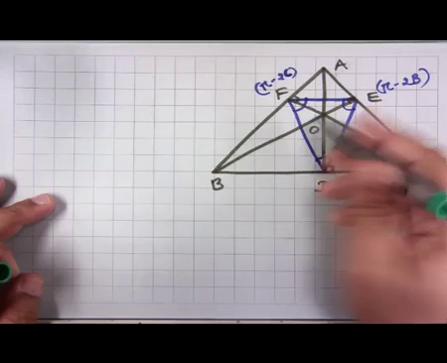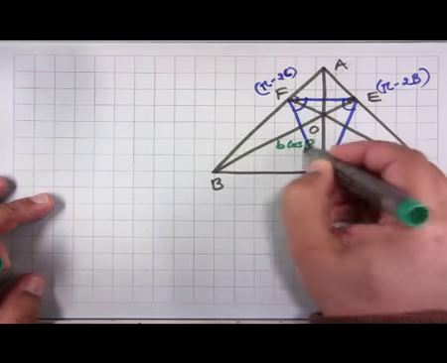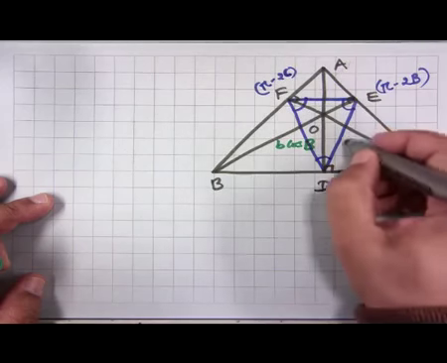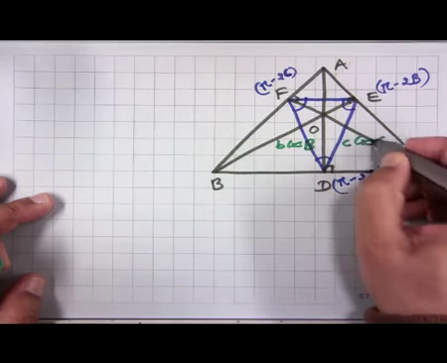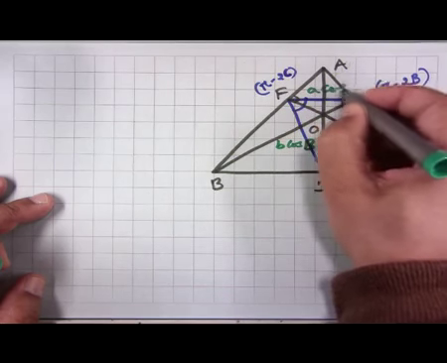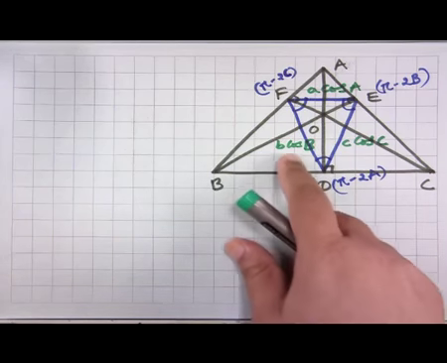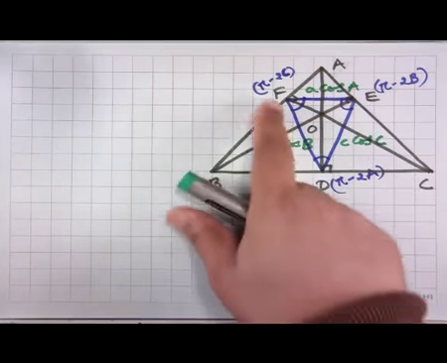This length is b cos B, this length is c cos C, and this length is a cos A. So, the lengths have been written in green and the angles are in blue.